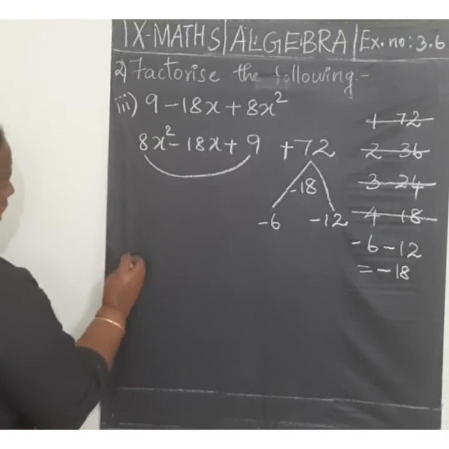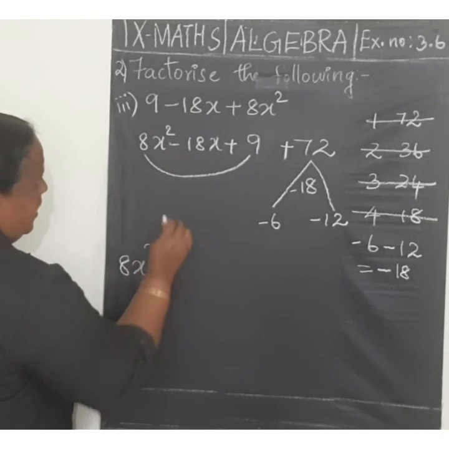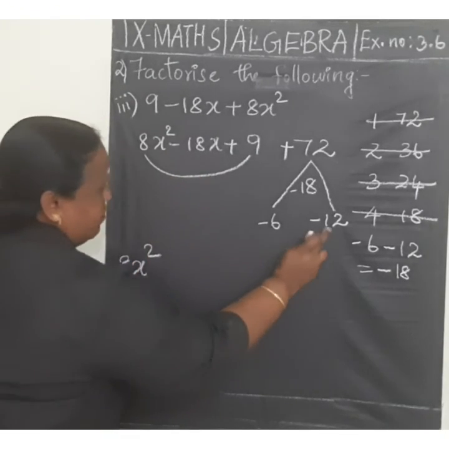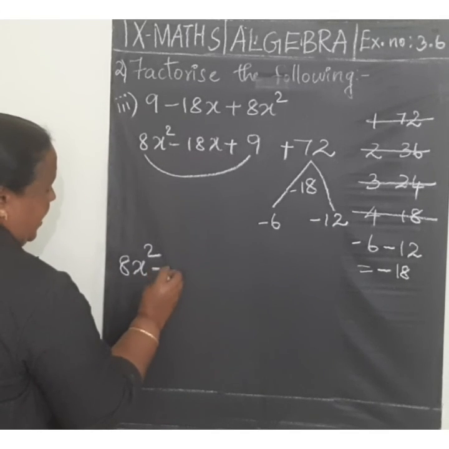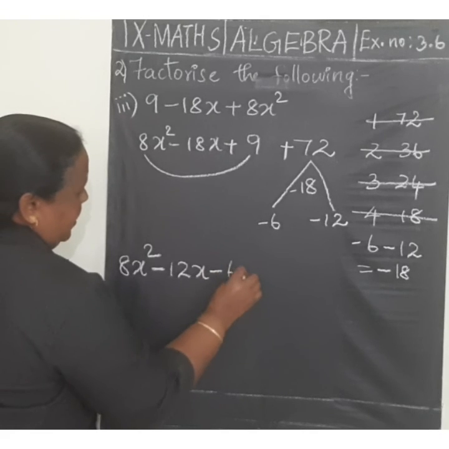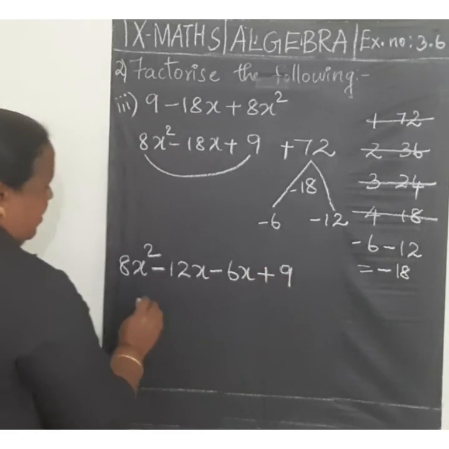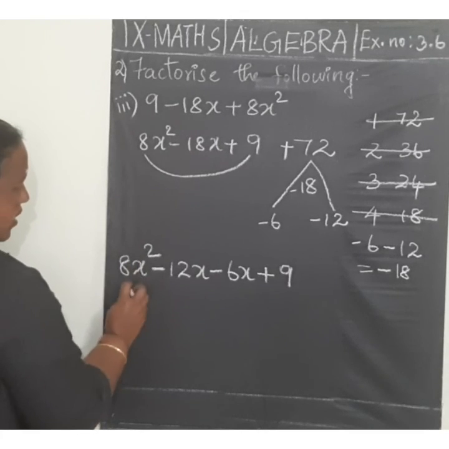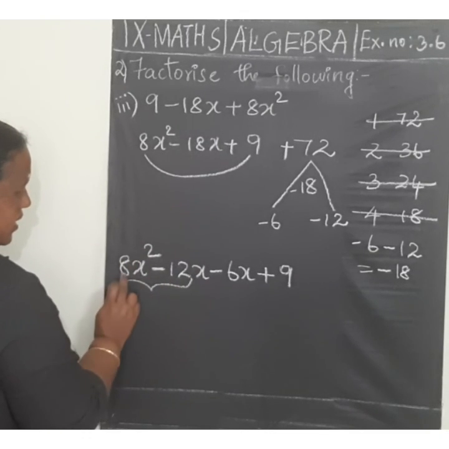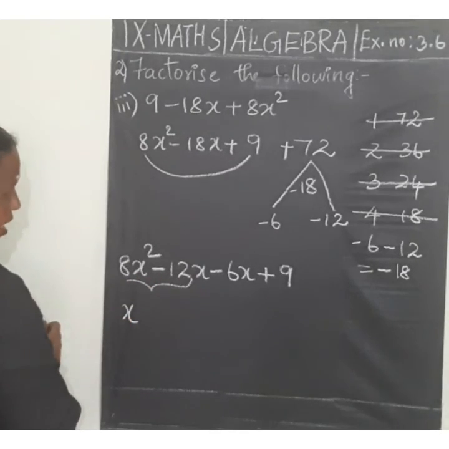Now this 8x squared, here next we have minus 6 and minus 12. Here we can write it as minus 12x minus 6x plus 9. Now in this 8x squared minus 12x we can take x common outside.